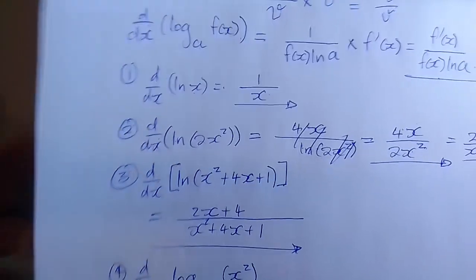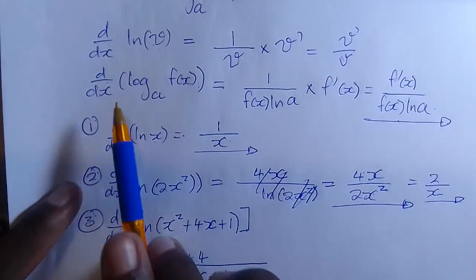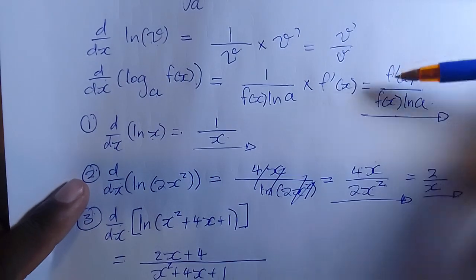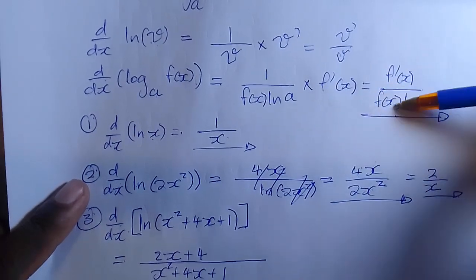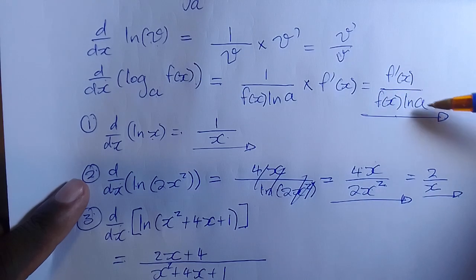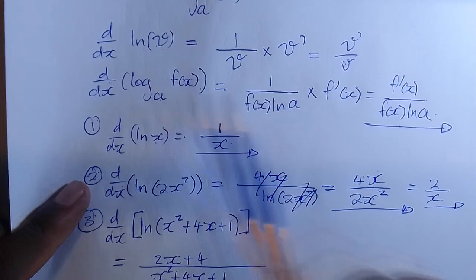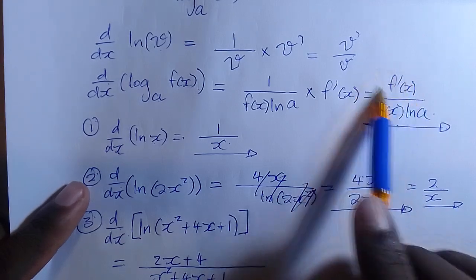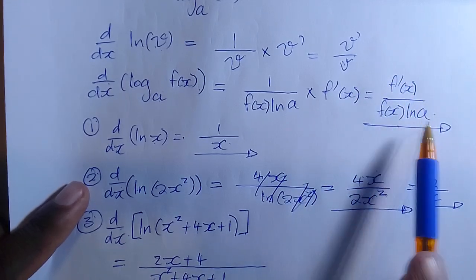Now, for this one, we are going to be using this rule, which means we want to have the function on the denominator, and then we say ln base, so ln of the base, and then you have the derivative at the top. So the only thing you're adding now is just ln base.